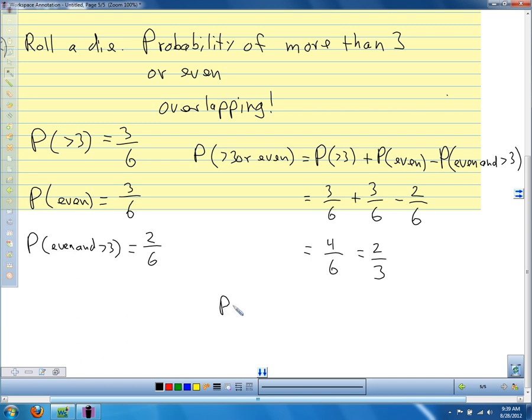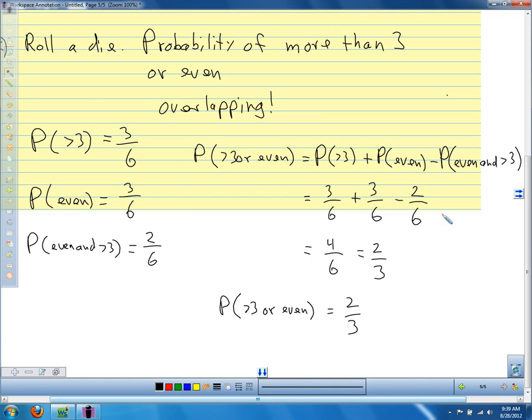So the probability of greater than 3 or even is 2/3. Subtracting this, even and greater than 3, subtracted the ones that we would count twice otherwise.